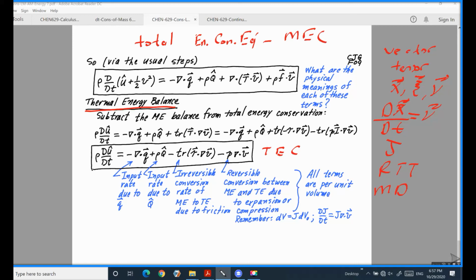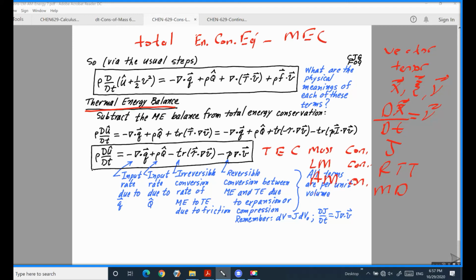When we took all these things, we first derived mass conservation, then linear momentum conservation, then angular momentum conservation.